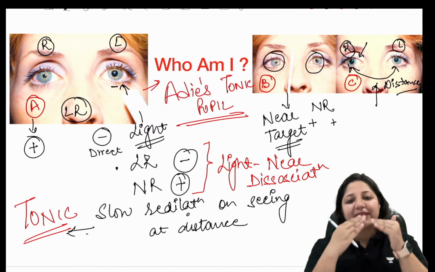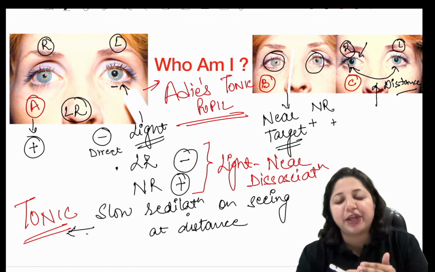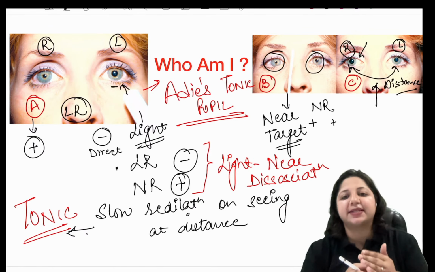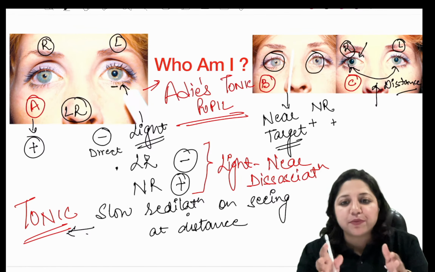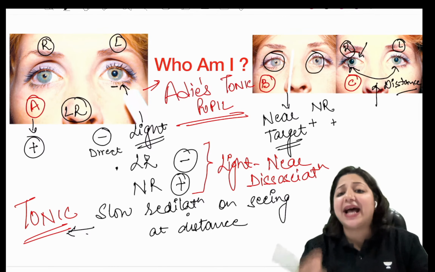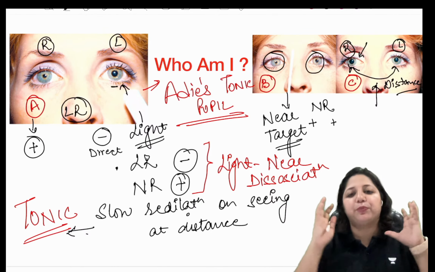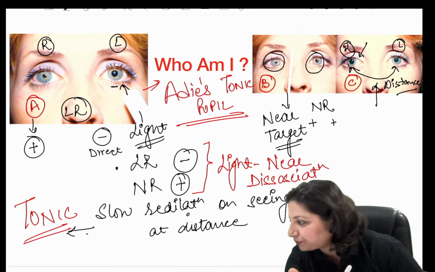Something which is there is an issue with the innervation, there is a problem with the ciliary ganglion, with the postganglionic nervous system, which is not letting it react to a normal concentration. Even a diluted pilocarpine, as diluted as 0.1%, will bring in a response which is not normally seen.